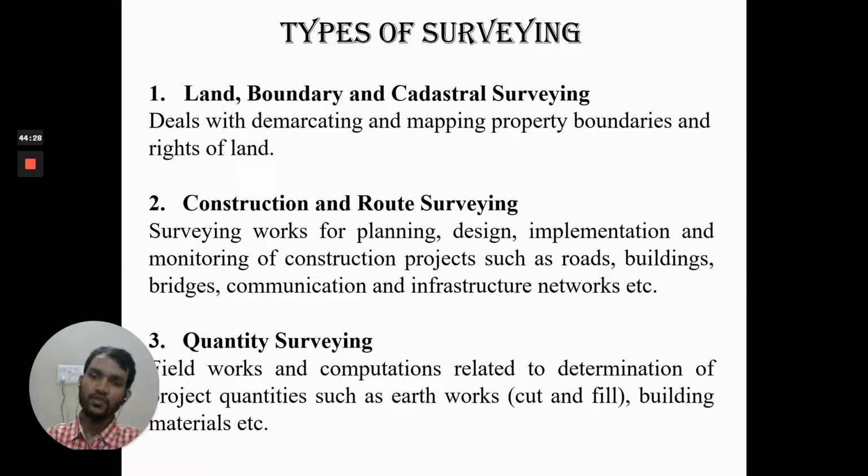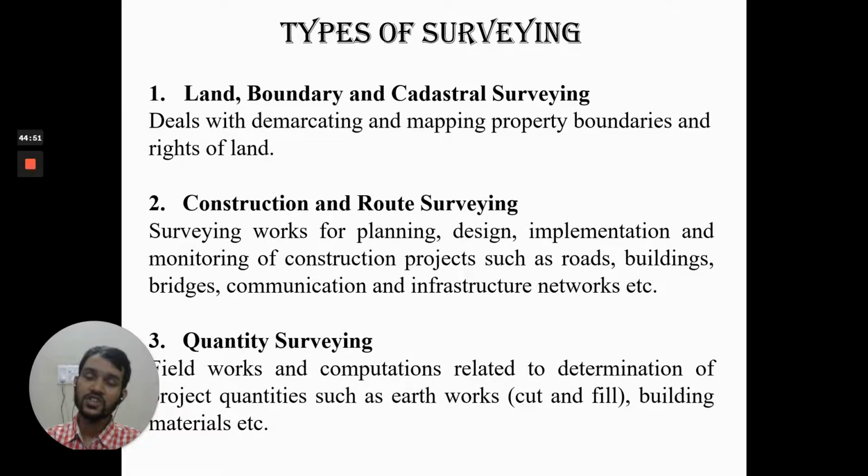So the first one we were talking about was land boundary and cadastral survey. The second one is construction and route survey. What is construction and route surveying? These are the surveying works for planning, design, implementation and monitoring of construction projects. These are for the construction activities.